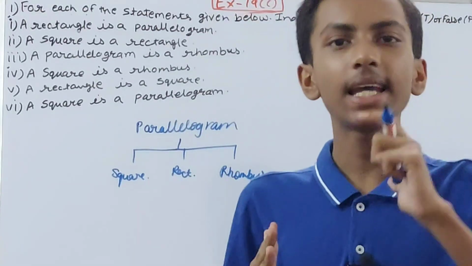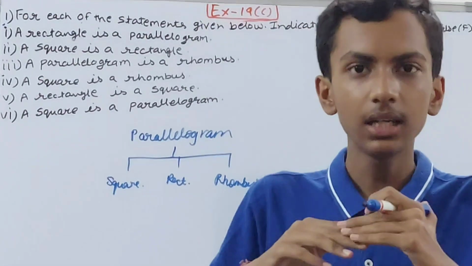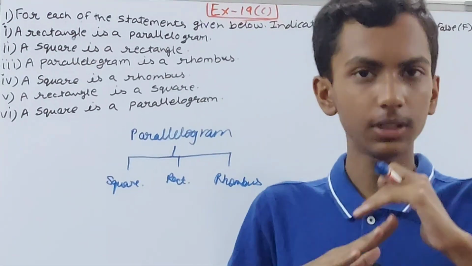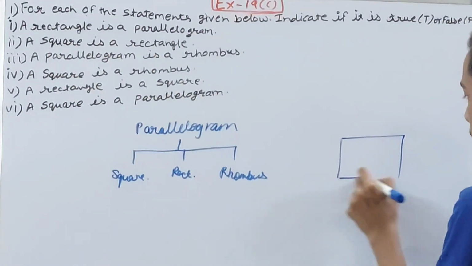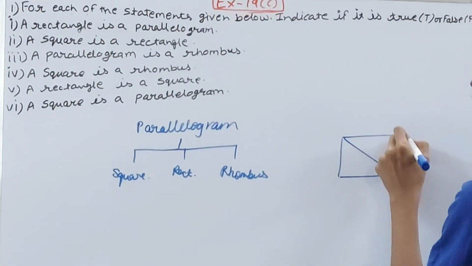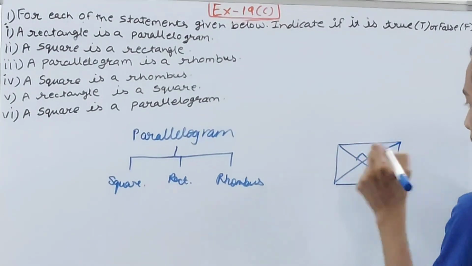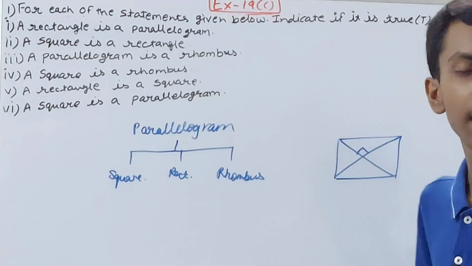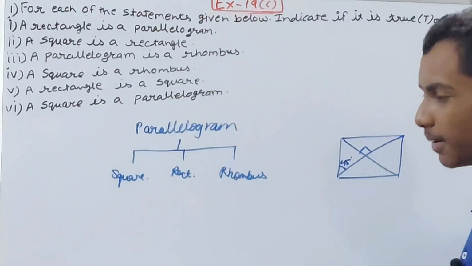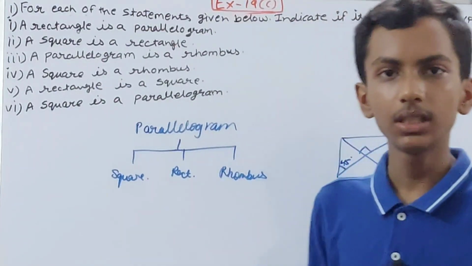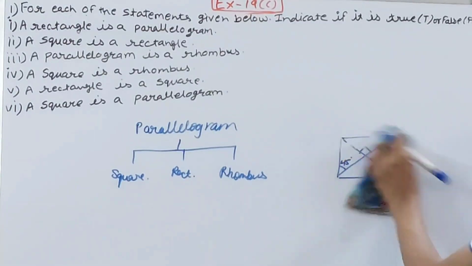The diagonal makes an angle of 45 degrees with the sides of the square. Suppose this is my square, then this is one diagonal, this is another diagonal, so this angle will be 90 degrees because it is bisecting it at 90 degrees, and this angle will be 45 degrees. It makes a 45 degree angle with the side.